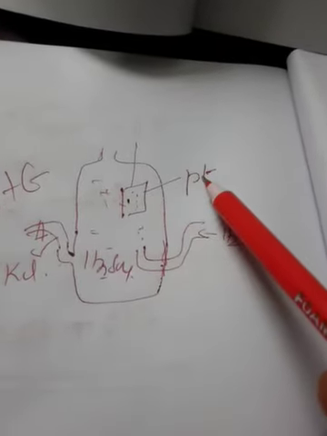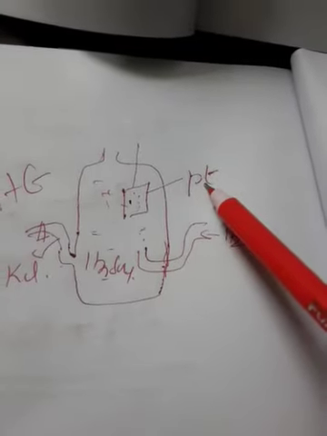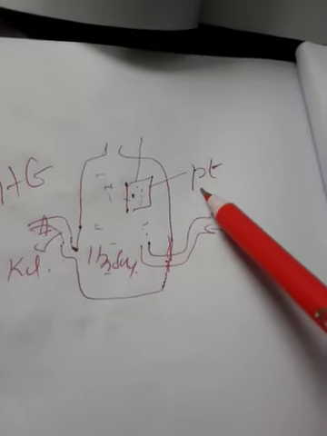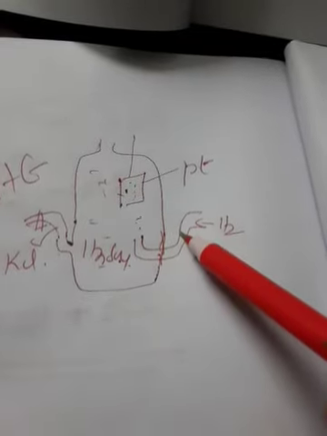Standard hydrogen electrode consists of a platinum electrode. It is used as a reference electrode having 0 volt. It consists of a platinum electrode in contact with 1M HCl or sulfuric acid, and hydrogen gas is bubbled inside at 25 degrees Celsius.